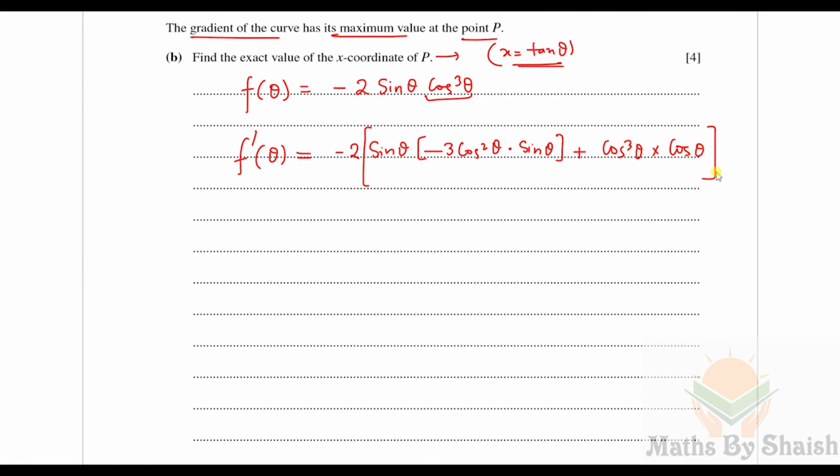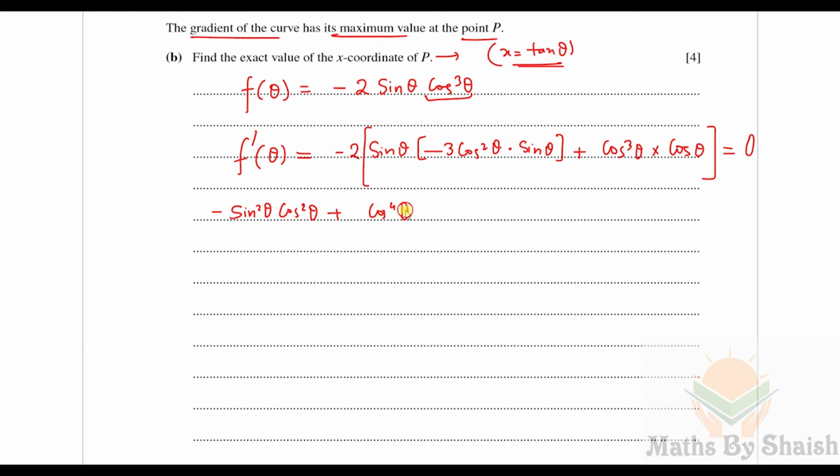And for the maximum value of the gradient it should be 0. So we got sin theta, because minus 2 is a constant so it cannot be 0, so minus sin square theta into cos square theta plus cos power 4 theta, because cos cube and cos theta become cos power 4 theta, is equal to 0.